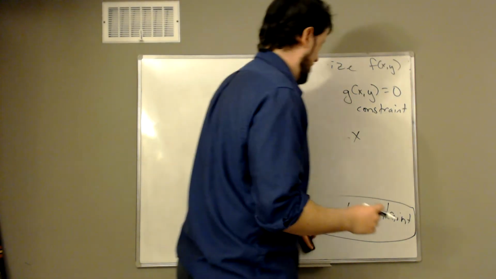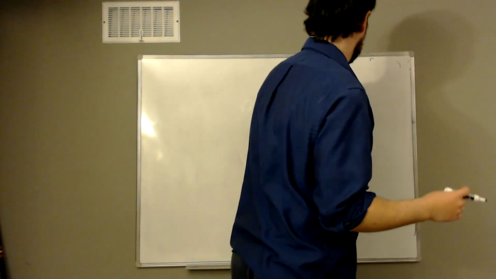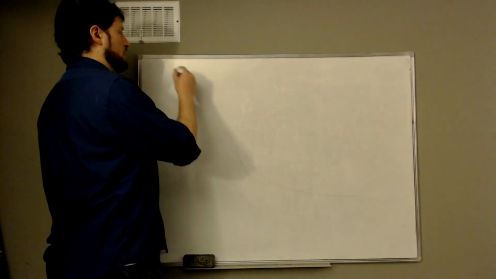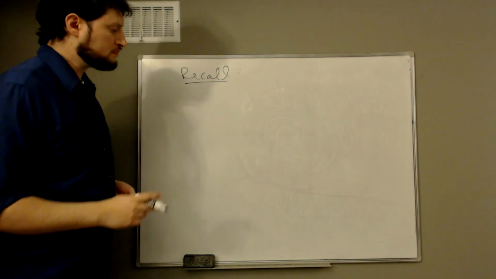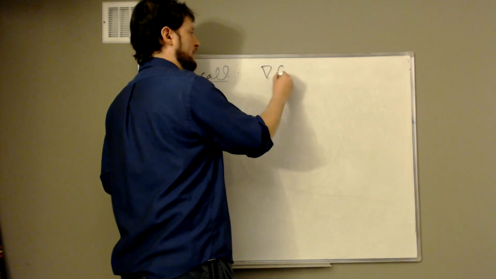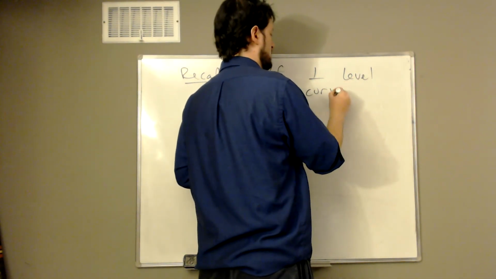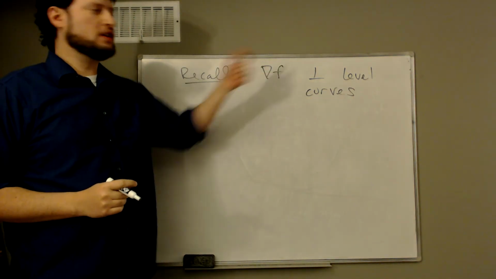Now we need to go back and think about the gradient vector. Recall that grad f is perpendicular to level curves.